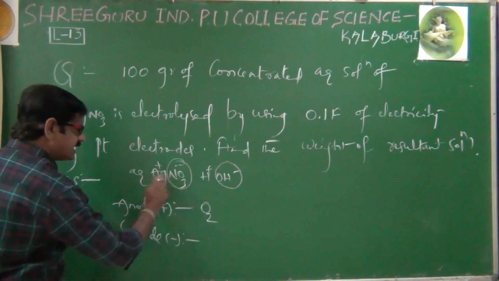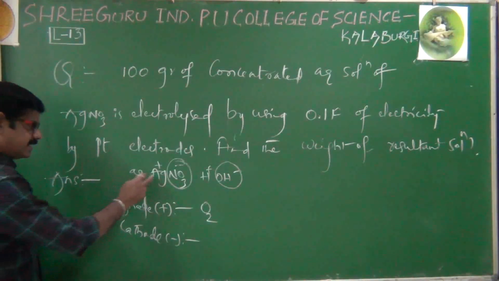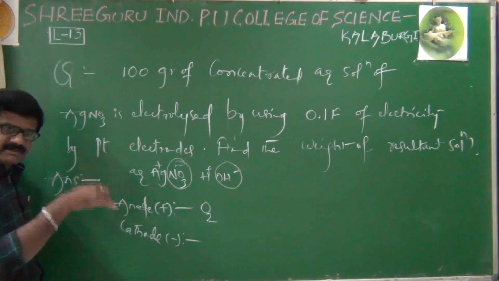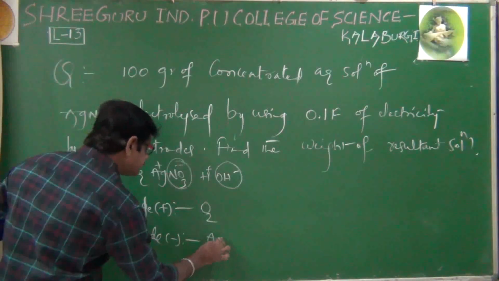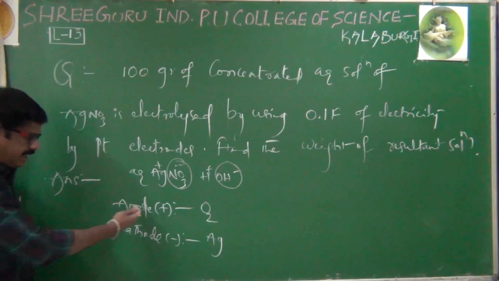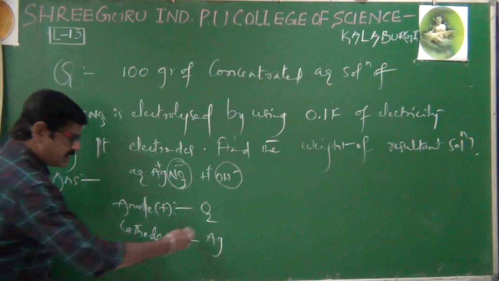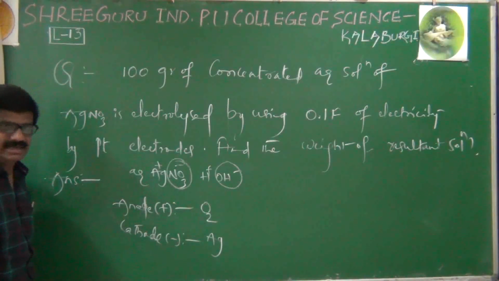Out of Ag plus and H plus, according to the discharging potential order, the Ag plus ion will come and discharge, that means Ag metal will be deposited at the cathode. At the anode, oxygen gas is liberating. At the cathode, silver metal is depositing.